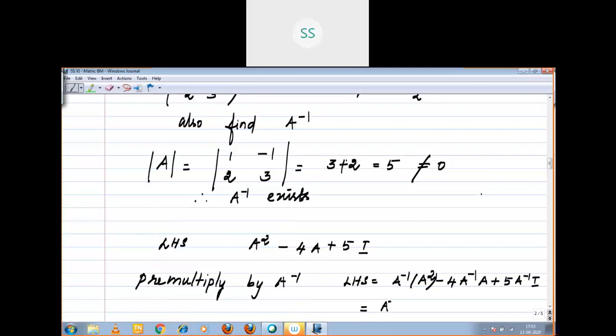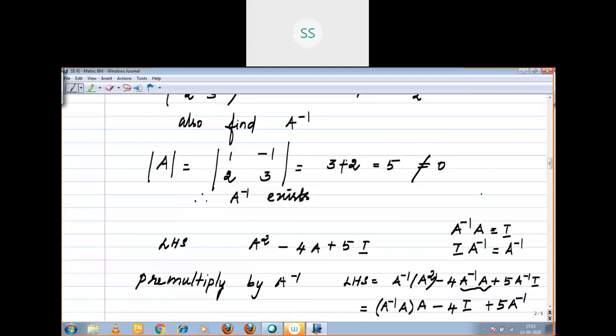Now, A inverse into A minus A inverse into A equal to I. Then I into A inverse equal to A inverse. Got it, children? Now you see minus 4I plus 5A inverse.